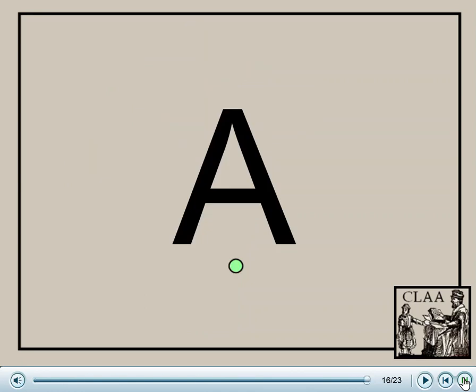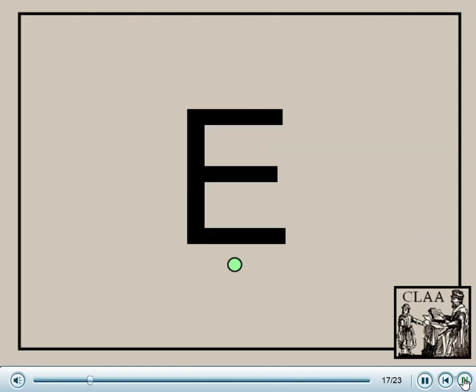Point to the green dot on your screen. Do you remember the name of this Latin vowel? This is the Latin vowel A. Point to the green dot on your screen. What is the name of this Latin vowel?